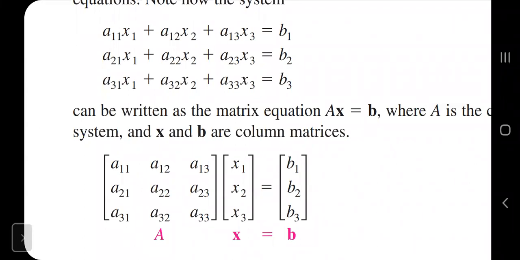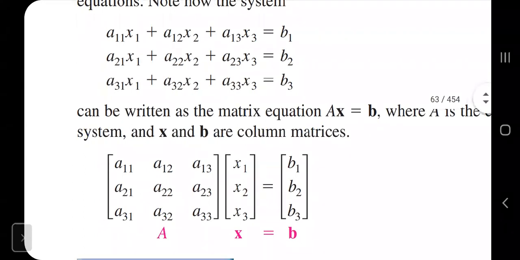The three equations on top and this matrix product on the bottom say the same thing, because the first row of my product matrix is A11 times X1 plus A12 times X2 plus A13 times X3, and that's going to equal the top number, in this case B1. That's exactly what the top equation is saying. So it's awesome that I'm taking an entire system and expressing it in such a compact form, which is kind of cool.